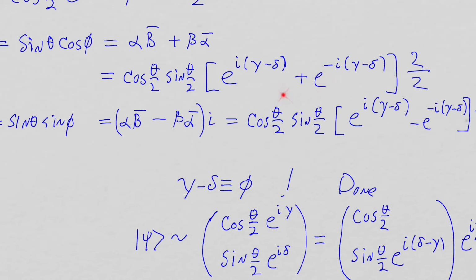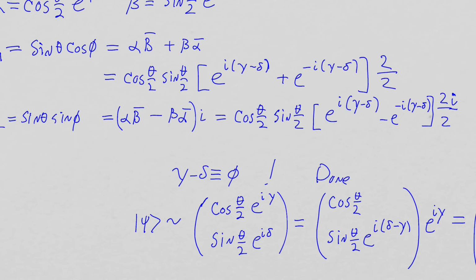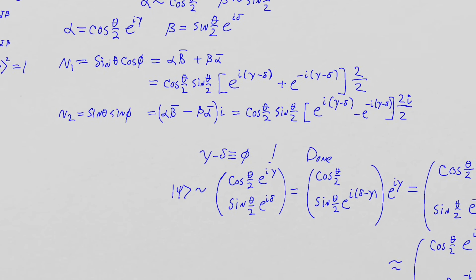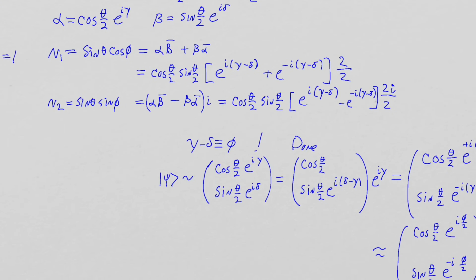I've done it this way to be constructive, because I have e to the i some phase plus e to the minus i some phase. If I throw in a 2 over 2, you can see this piece is going to look like a cosine of gamma minus delta, right? So that's good. And then I do this for n2 as well.